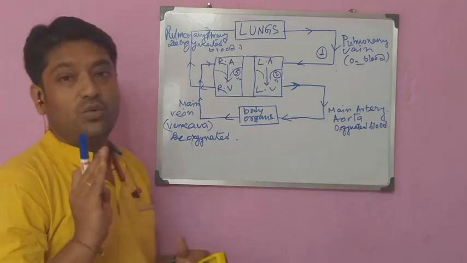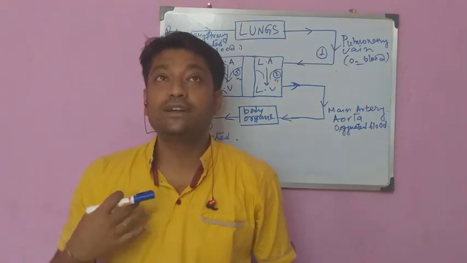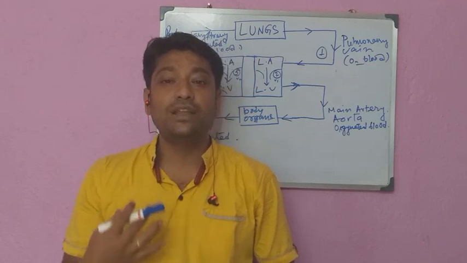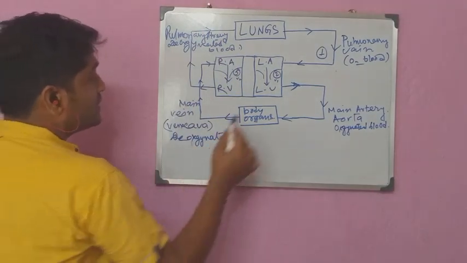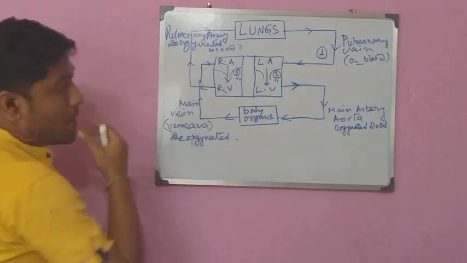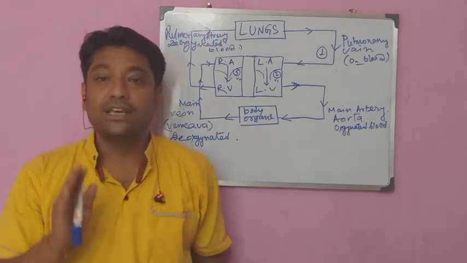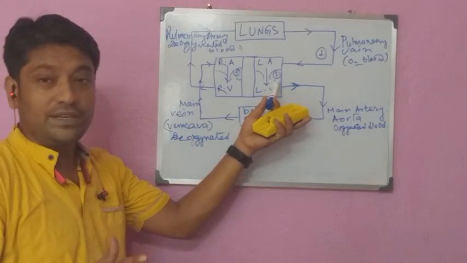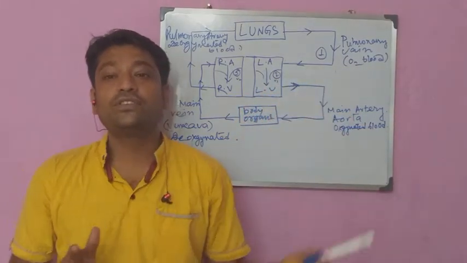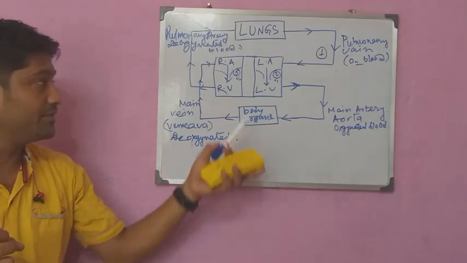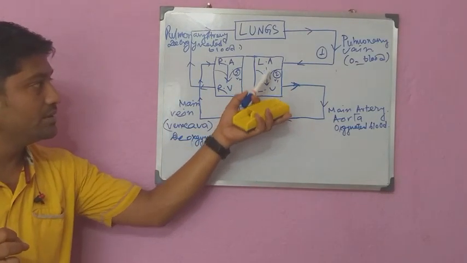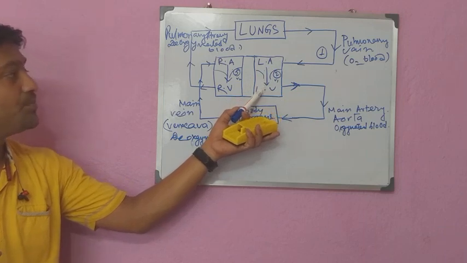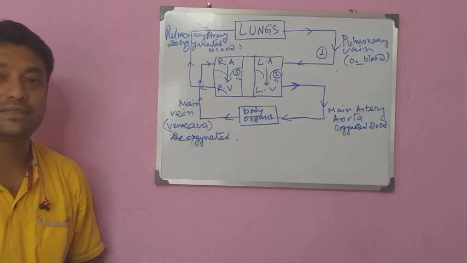Second, when the left atrium contracts, the oxygenated blood is pumped into the left ventricle through valve 1. Left atrium gives the blood to the left ventricle.